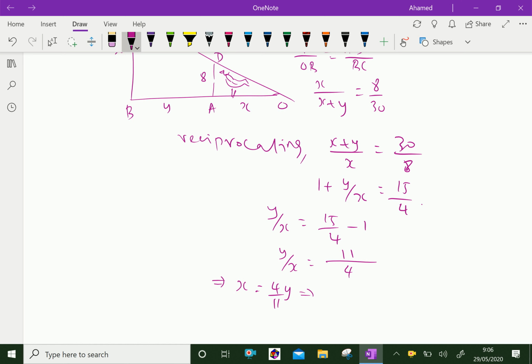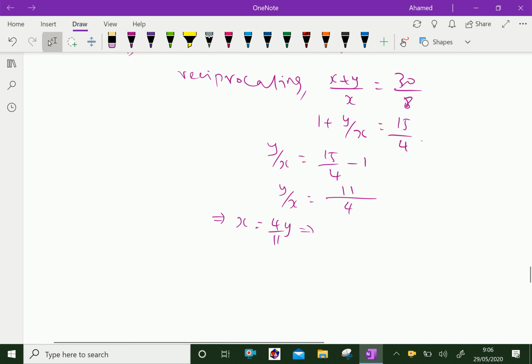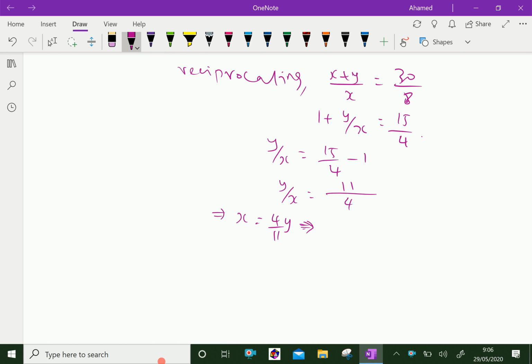That means x is the shadow, therefore you can say the shadow is 4 by 11 of the distance.